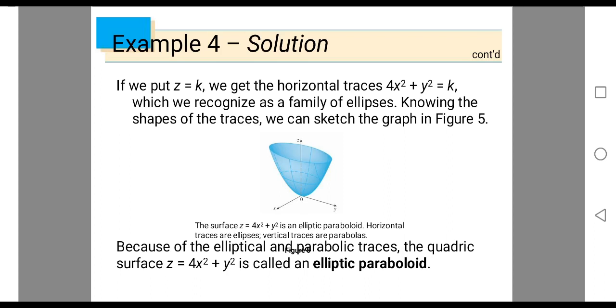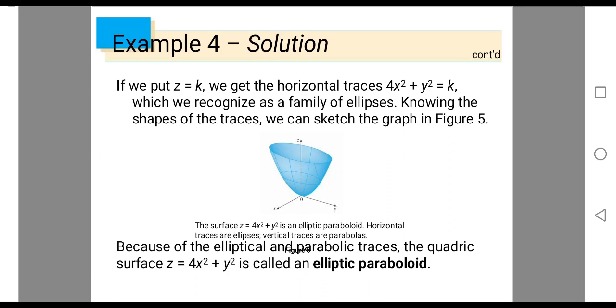Now you can see over here, it is making an elliptical paraboloid. It is made up of two traces of parabolas and one horizontal trace of ellipses. So we have some properties for the elliptical paraboloid. It has three variables, and two variables have power 2 and one has power 1.